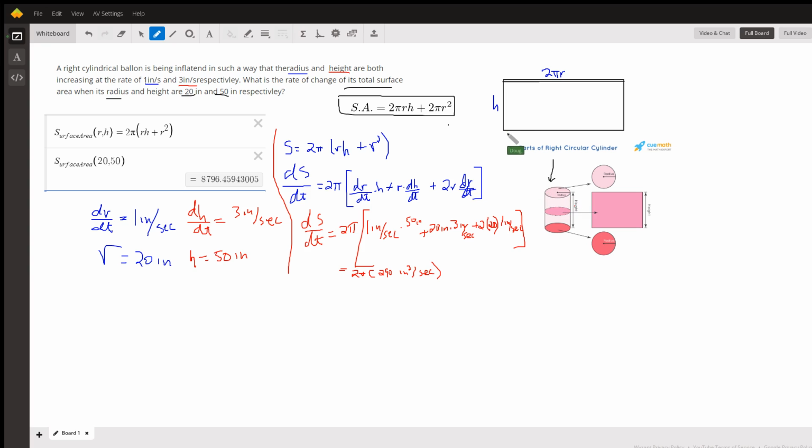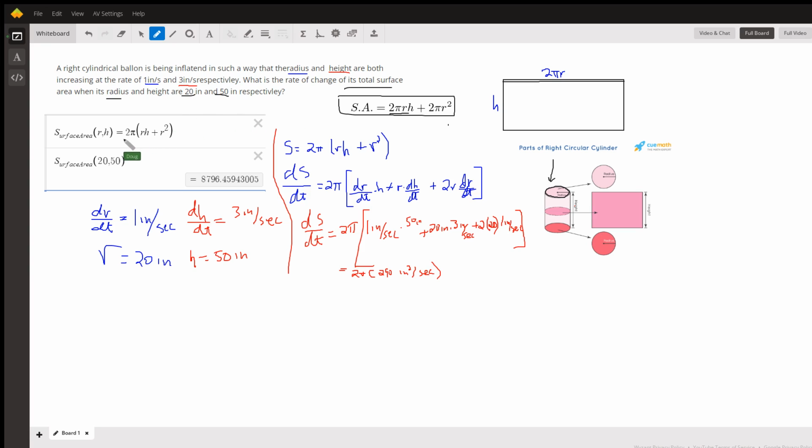And of course, h is the height. So 2 pi rh is the surface area of the curved part. And 2 pi r squared is the area of one of the bases, but there's two bases.